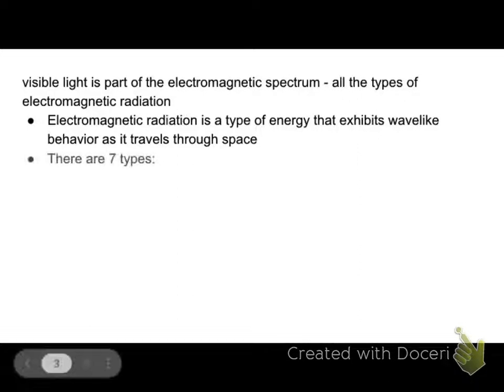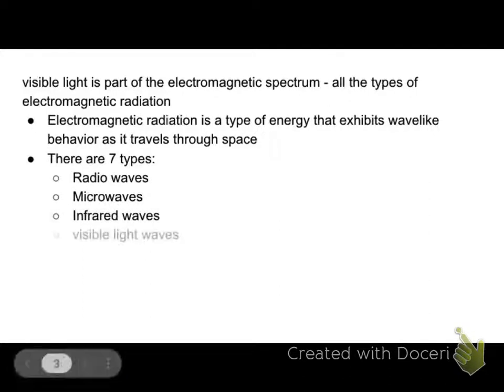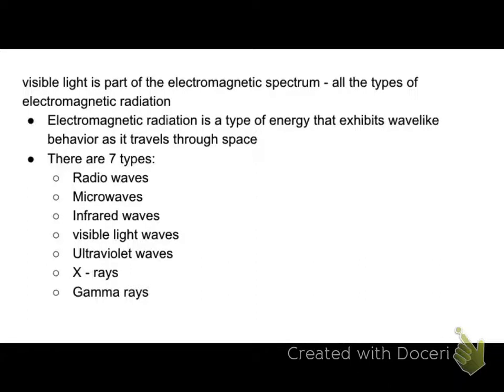There are 7 types: radio waves, microwaves, infrared waves, visible light waves, ultraviolet waves, X-rays, and gamma rays. You interact most commonly with visible light, but the other ones are in fact involved in your life, maybe in ways that you don't know.